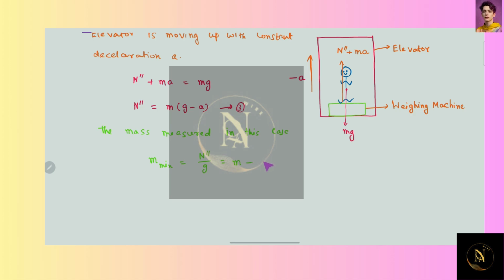We are given that the value of maximum mass is 72 kg and the value of minimum mass is 60 kg.